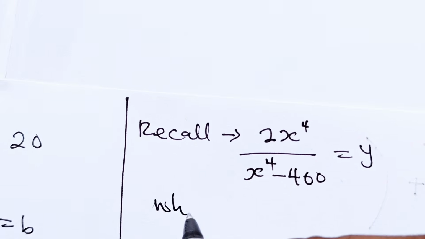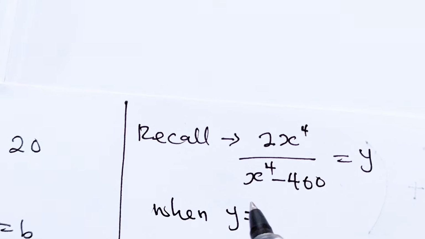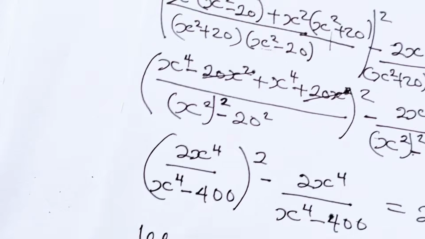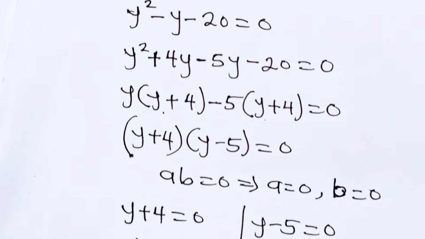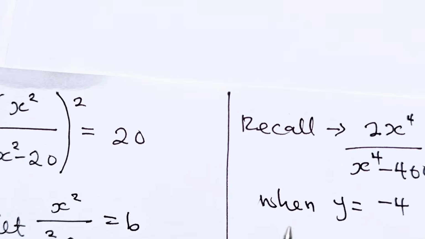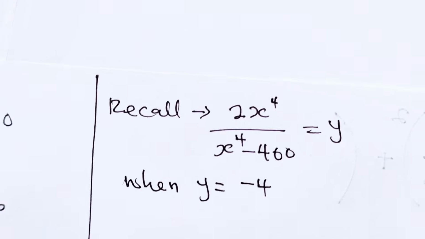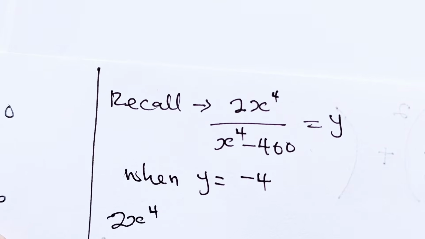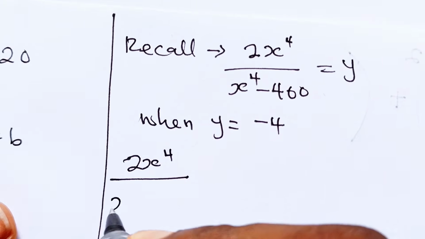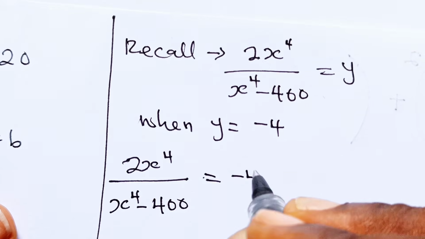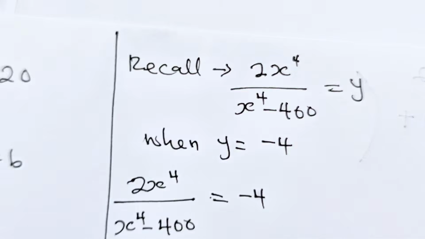So we have two values of y. Now when y is equal to negative 4, we can say 2x to the power of 4 divided by x to the power of 4 minus 400 is equal to negative 4.